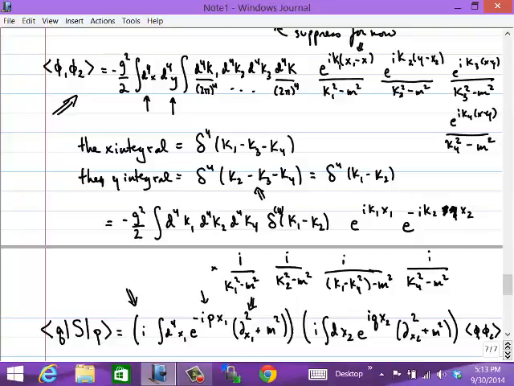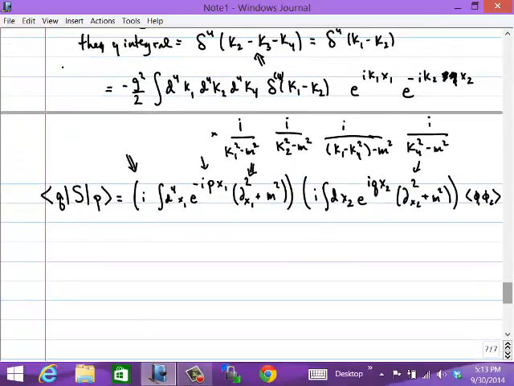And then you'll just get a factor of p squared minus m squared. And likewise, integrating this term by parts will turn that Klein-Gordon operator into a q squared minus m squared.